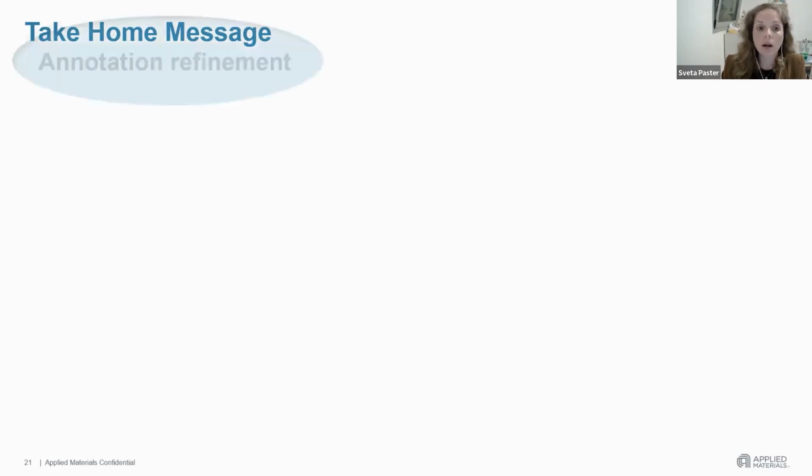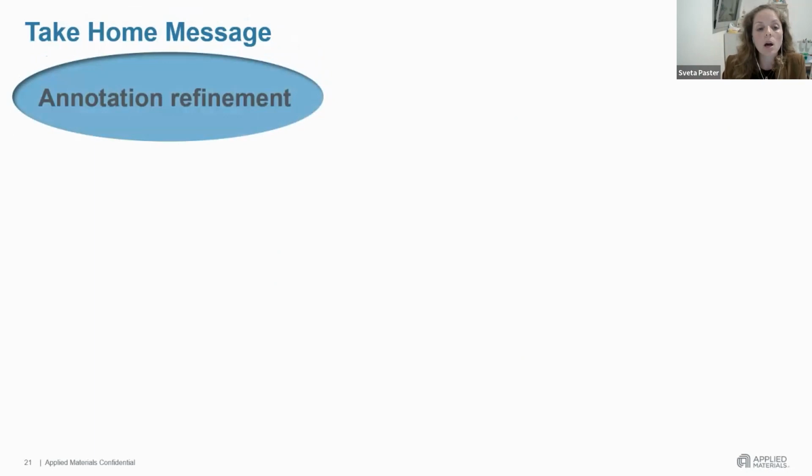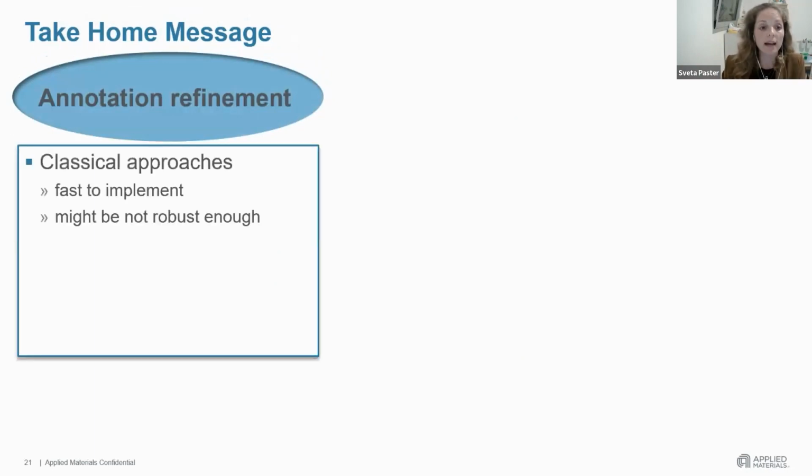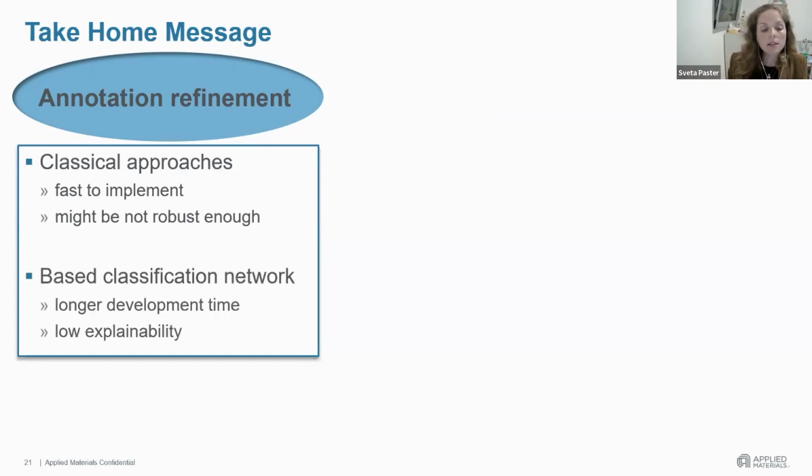If we summarize what we saw until now, one of the approaches is annotation refinement, and it can be done by classical approaches. It might be quickly implemented, but in our case, we can filter out defects. So it's a problem, but maybe in your cases it's not an issue. The other solution is based on a classification network.